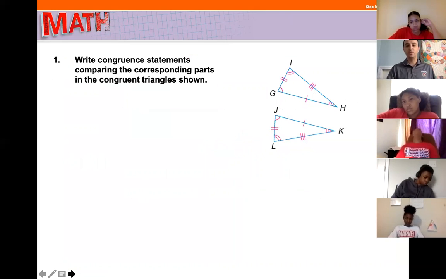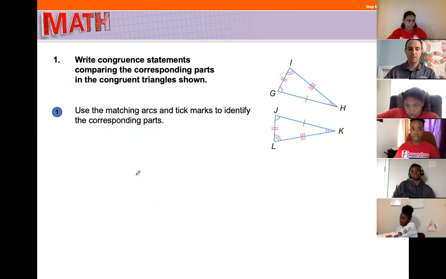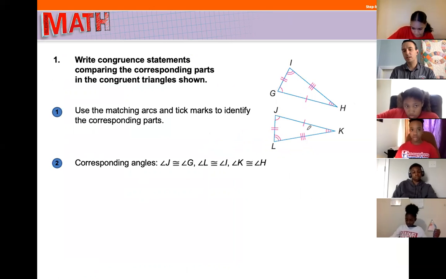All right. So now if we take a look at this one, the first thing you want to do when you have something like this is match the tick marks up. This is in your notes. You'd look at this and say, okay, this one has 3. IH is congruent to what one? JK, or LK in this case. Not the same spot. So it's not 1 goes with 1, 2 goes with 2, and 3 goes with 3.